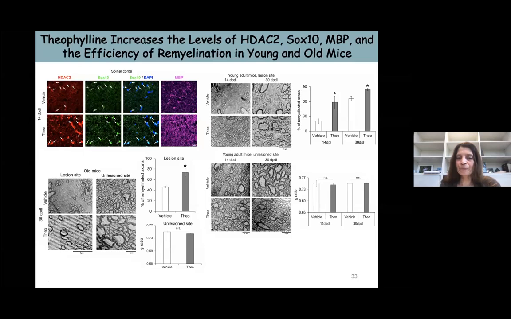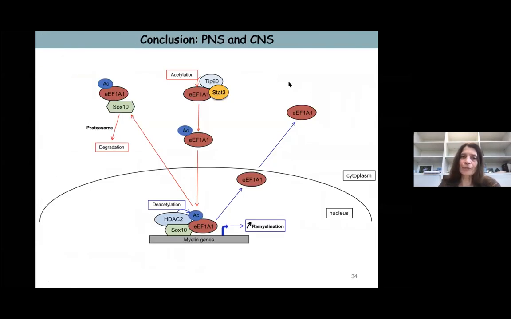As a conclusion, I didn't show you everything, but we could show that we have a similar mechanism in the PNS and CNS, with the interaction of acetylated HIF1A with SOX10 and the deacetylation by HDAC2.